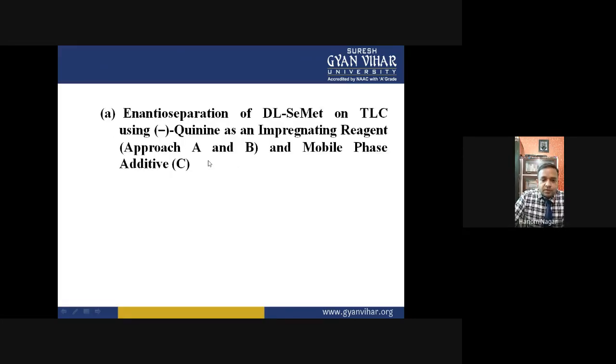Here, various approaches have been used in the TLC for separation of DL-selenomethionine. Three approaches are used. In approach A and B, minus quinine was taken as impregnating reagent, where we impregnated the TLC plates with this reagent.